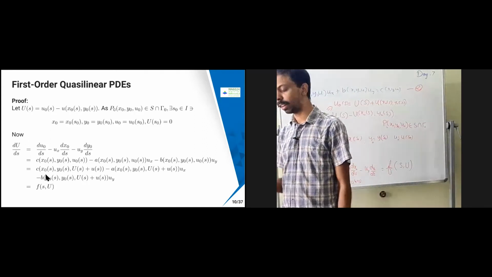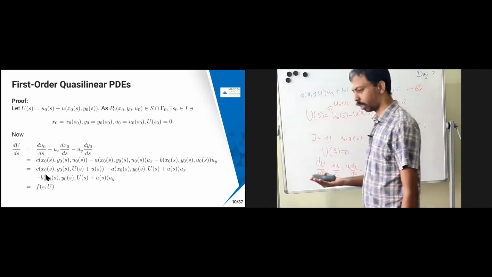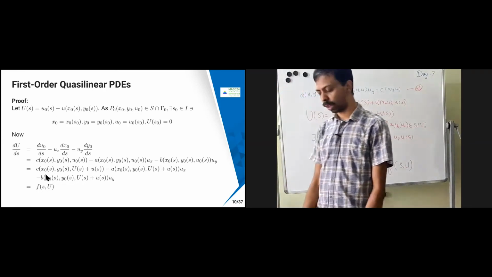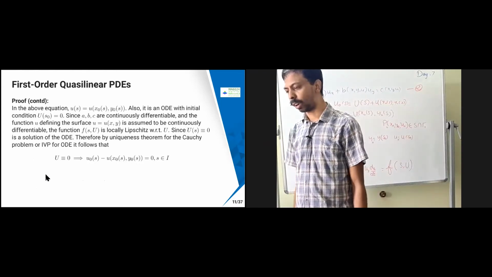Then you can say that you obtain the solution using the fundamental theorem of calculus or the theory you have studied in your ODE courses.